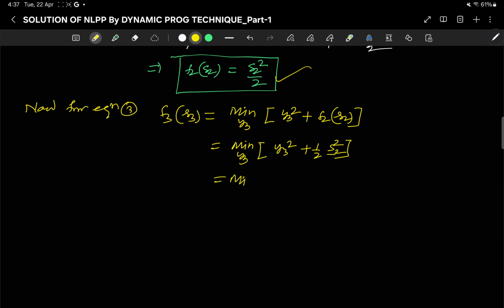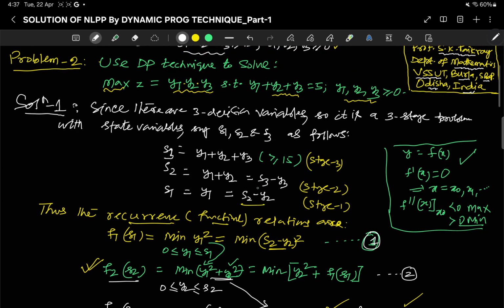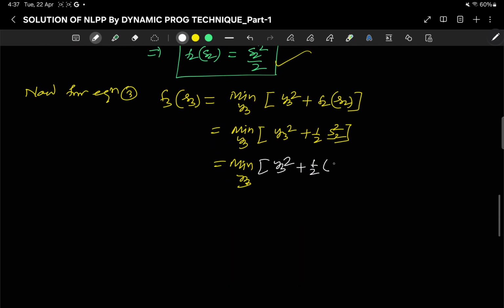Now what is s2? This is the minimization over y3 of y3 square plus half of s2 squared, and s2 is s3 minus y3, so (s3 minus y3) whole square.